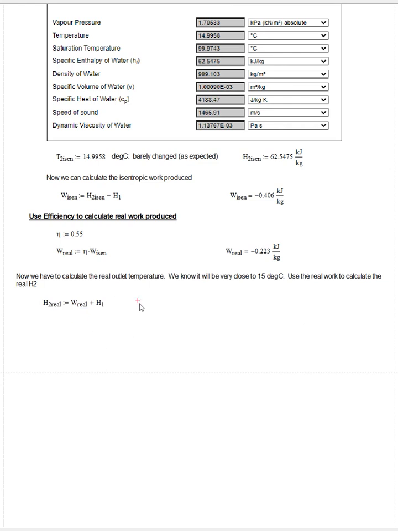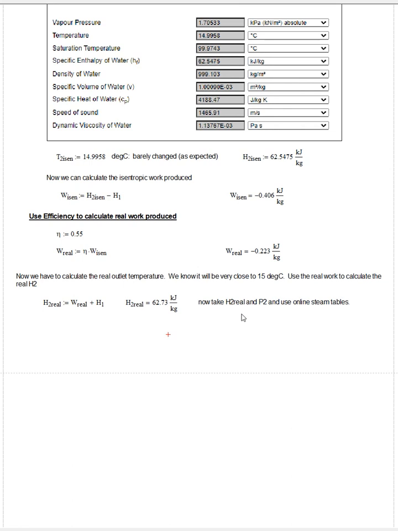And so if I were to write that, the real work is equal to H2 real minus H1. So we solve for H2, and we get H2 is equal to the real work plus H1. Now we know the real work, we know H1, so what we can do is we can calculate what H2 for the real case is going to be. And we get a value of 62.73 kilojoules per kilogram.